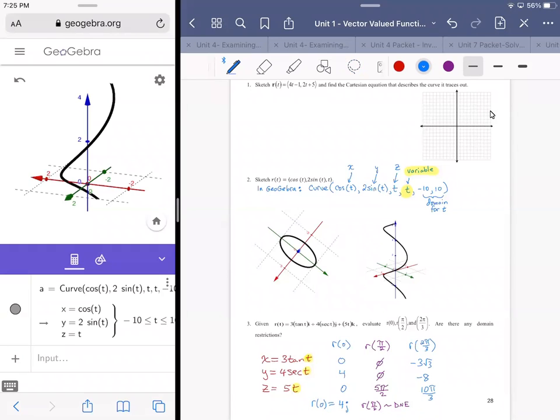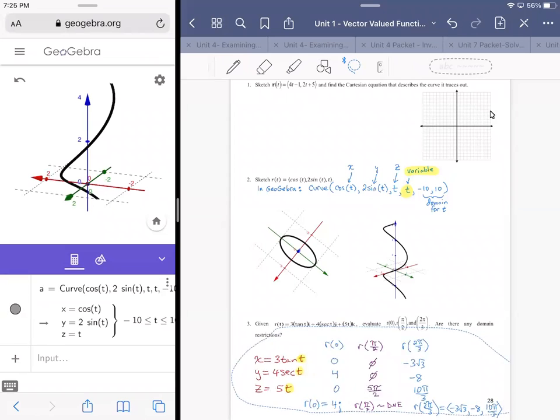But r of 2 pi over 3 would be equal to, and I'm going to write this in component form because it'll be a little bit easier, negative 3 radical 3, negative 8, 10 pi over 3. But again, the idea here is not what the solution is, just that there is in fact a solution to begin with. All right.